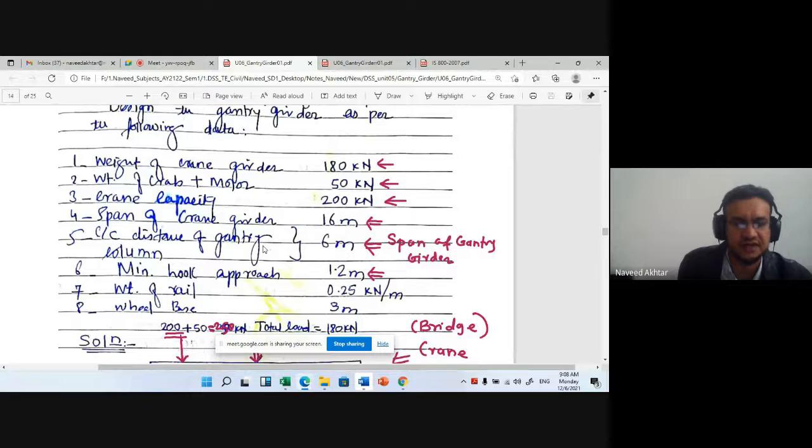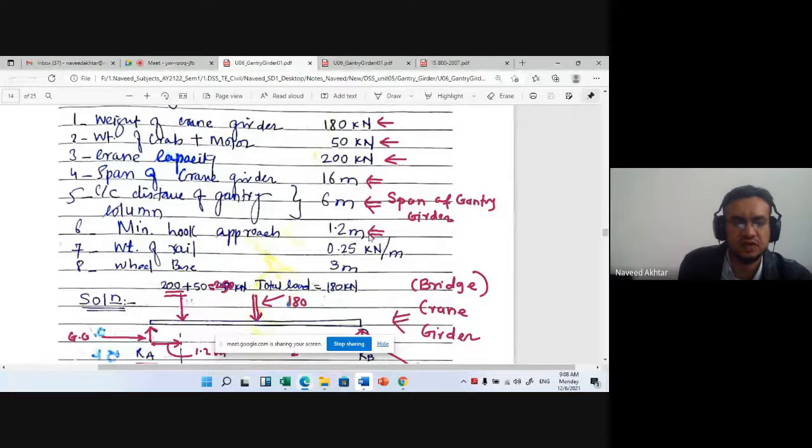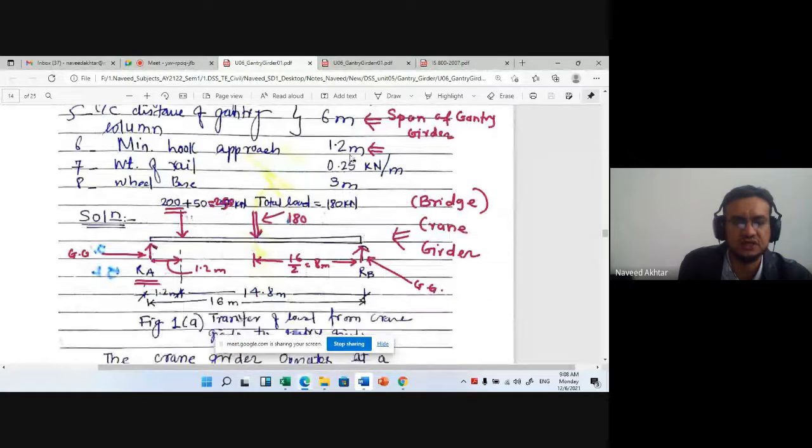Center distance of gantry column is 6 meter, which means the span of gantry girder is given. Minimum hook approach for the bridge girder is 1.2 meter. Weight of rail is 0.25 kilonewton per meter, and wheelbase is 3 meter for your bridge girder.